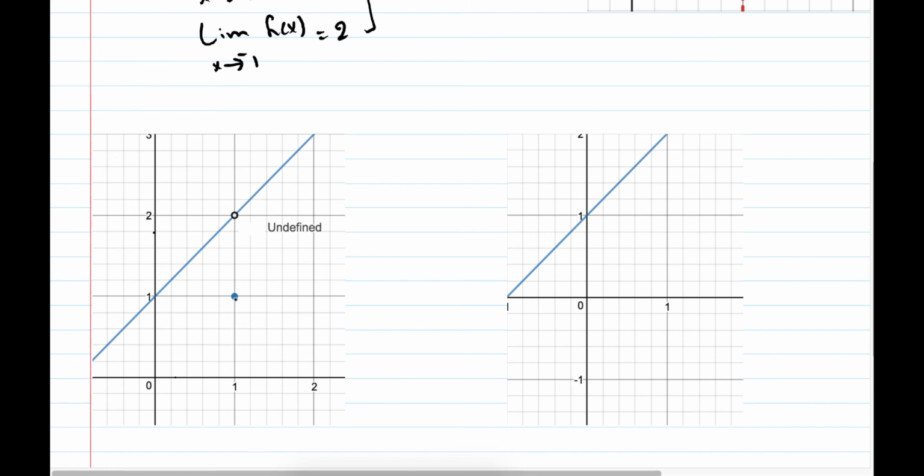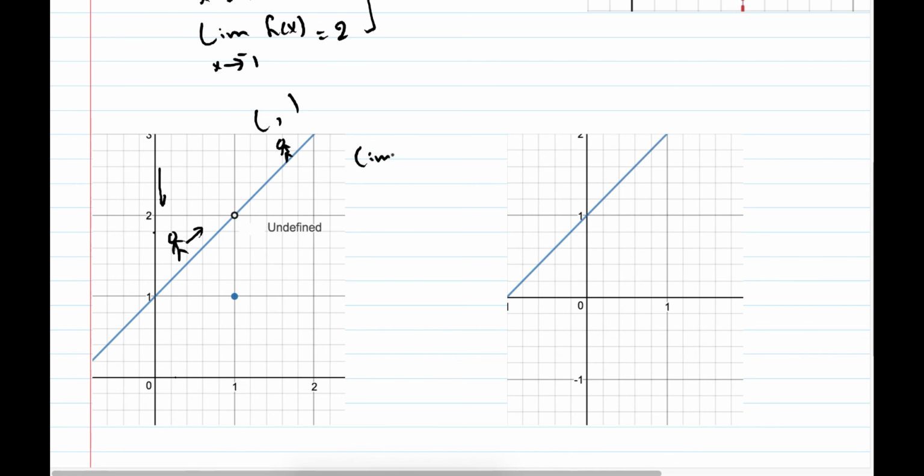At x equaling to 1, your y value equals 1. However, if they ask you what is the limit of this function, well, if you are right here and you are walking on the graph of this function, as you approach 1, so again you are holding the x values and the y values, as your x values get closer and closer to 1, your y values get closer and closer to 2. And if you are right here and you are going like that, your y values also go toward 2.